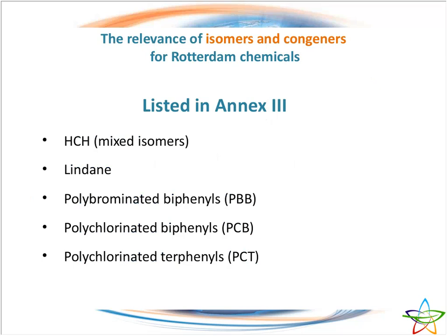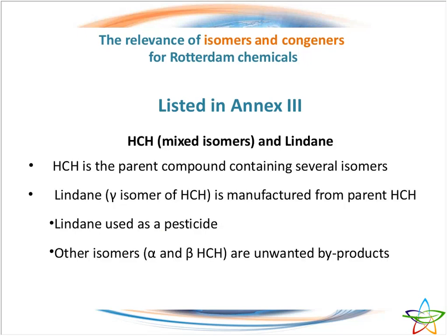The lindane is listed separately. Then we have the polybrominated biphenyls, the polychlorinated biphenyls, and the polychlorinated terphenyls. Now, in the case of HCH and lindane, I will be very brief since it has been explained in more detail in the Stockholm part.